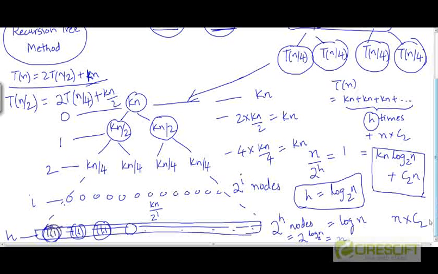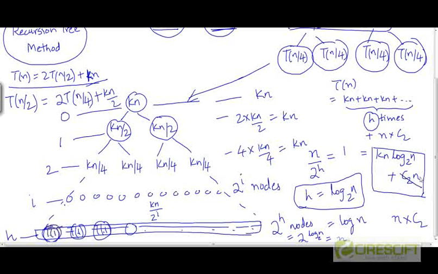Now in theta notation, we will drop the lower order terms. So there are two terms here: n times log n is the first term and n is the second term. So the first term is clearly the dominant term here.